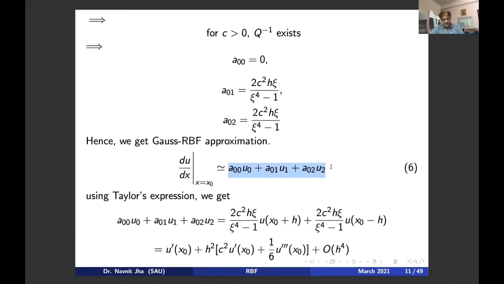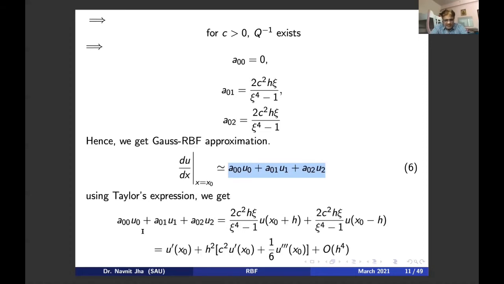I have obtained it via some approximation. That is why it is approximate. Just look at the right hand side of this approximation. I am going to apply the Taylor series. All the values of A00, A01, A02 are known to you. Just substitute everything in the right hand side.